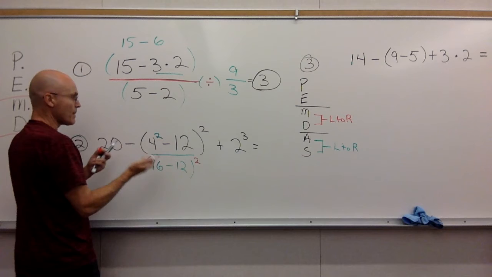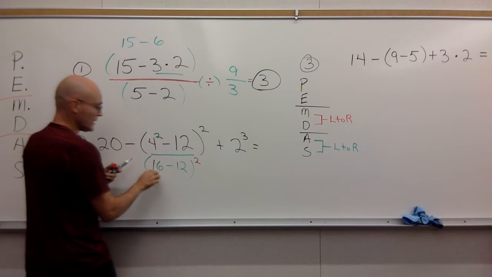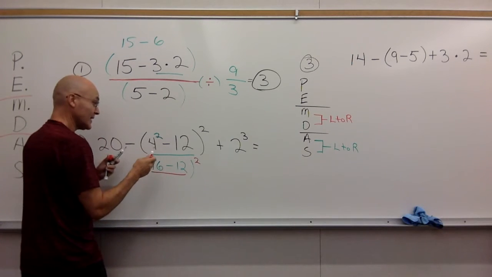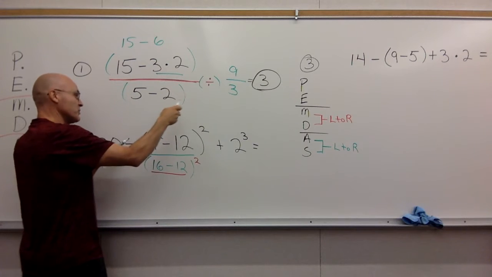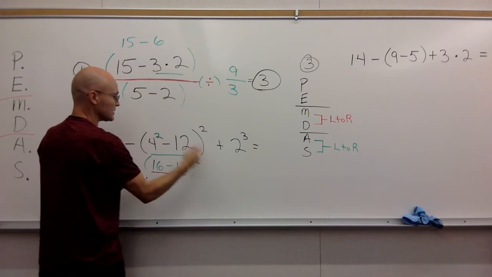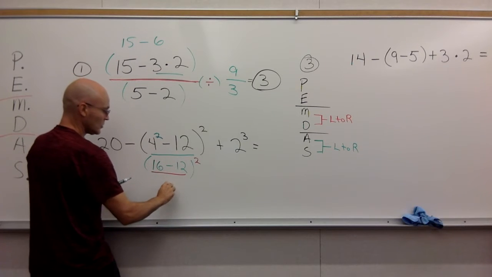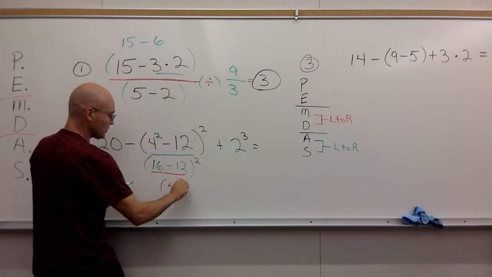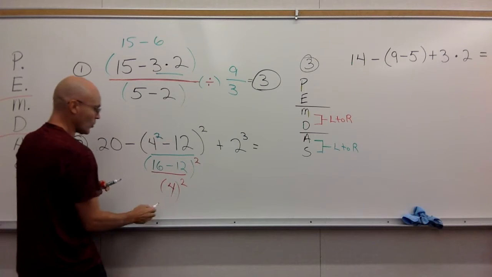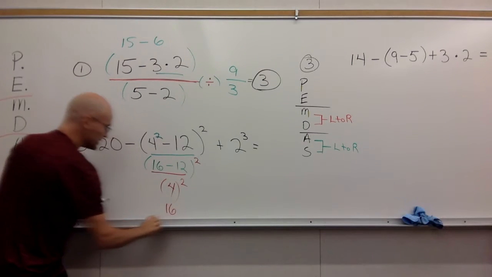So make sure you do the parentheses and finish everything that's in the parentheses before you put this exponent on the outside of the parentheses. So what we have here is 16 minus 12, which is 4, and we finally get to put this little 2 on that 4, and it gives you an answer of 16.